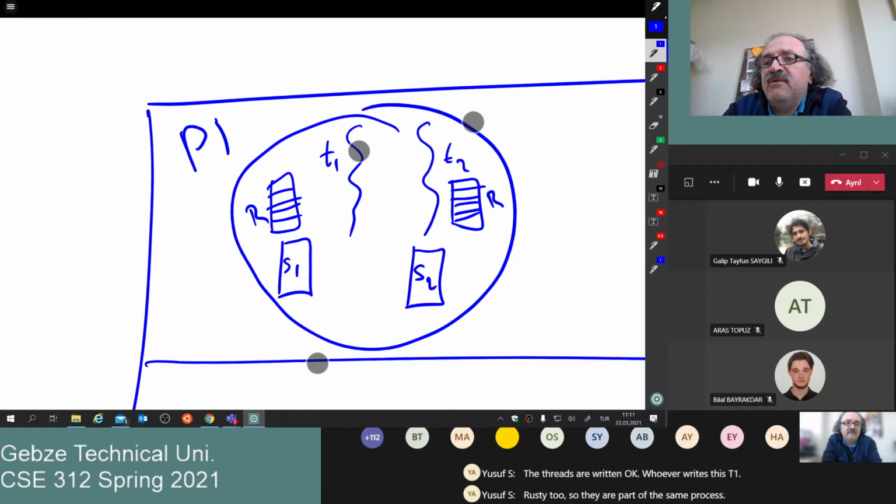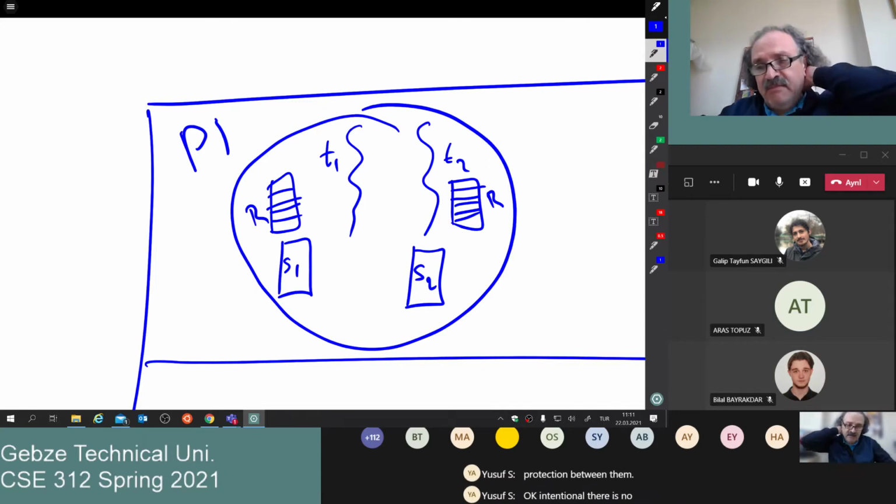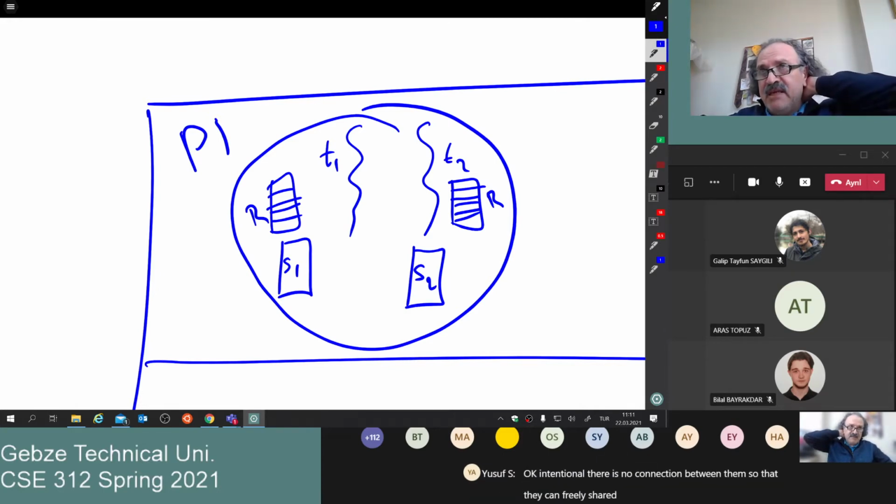The same developer is writing both of them, and the same developer knows that T1 and T2 share the same address space. Intentionally there is no protection between them, so that they can freely share the same address space and they can communicate with each other very, very efficiently.